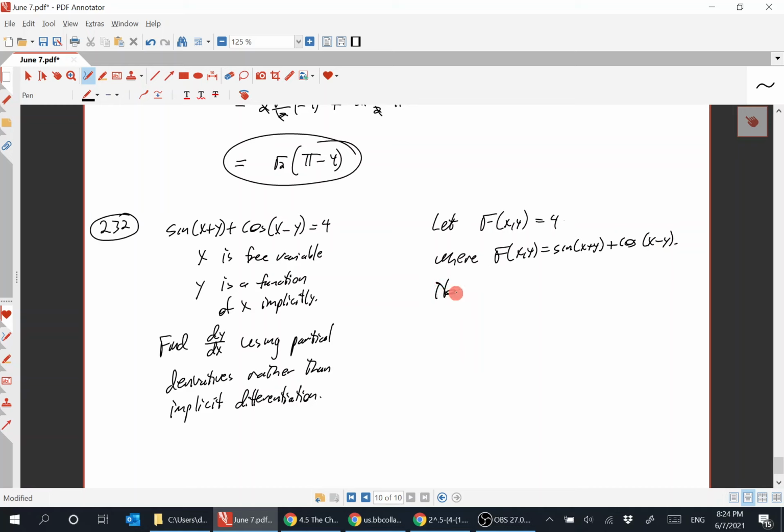So now consider this tree, right? So capital F is a function of x and y. X is the free variable, so you think of x as a function of x, as a function of itself. And y is implicitly a function of x.